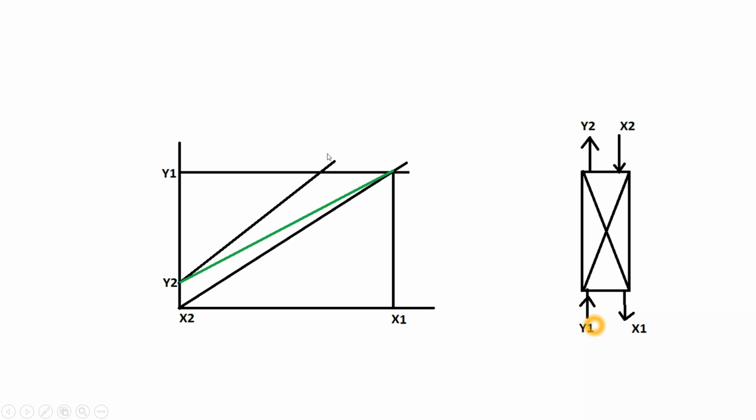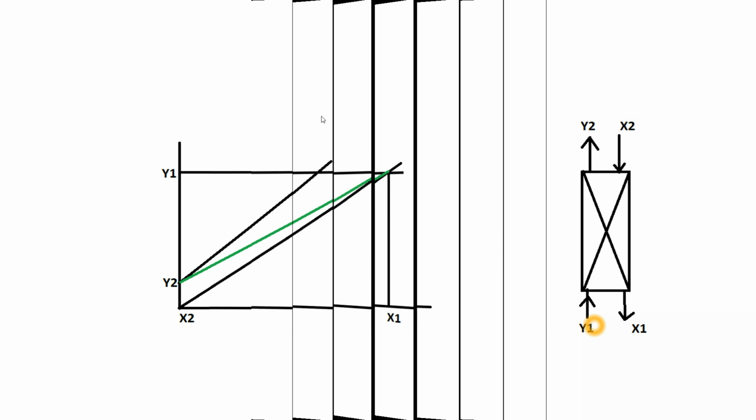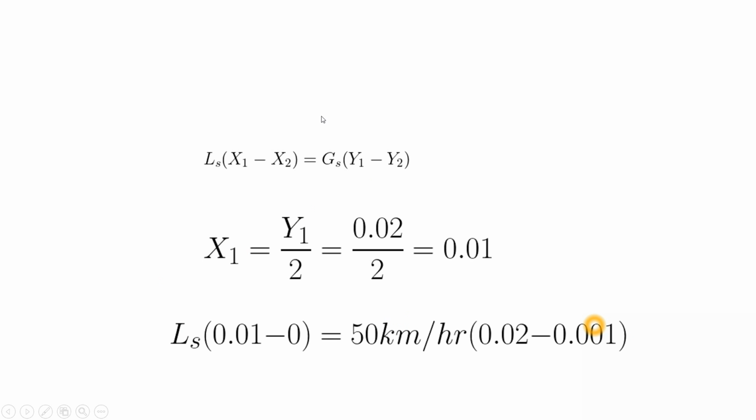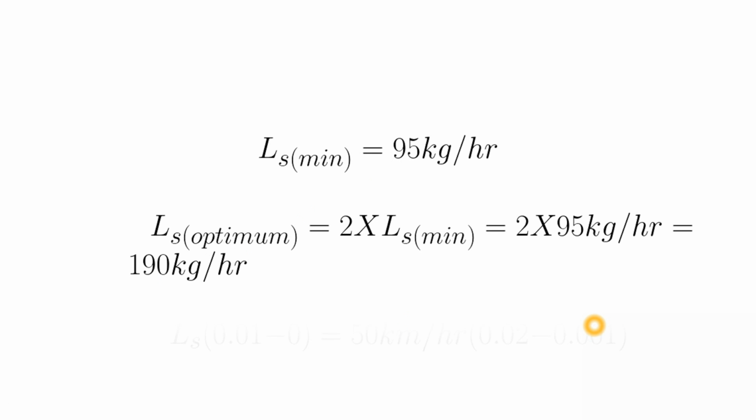This is the black line. Ls optimum will be 2 into Ls minimum, that is 2 into 95, that is equal to 190 kilomole per hour. Now I will use this Ls to calculate the value of X1.